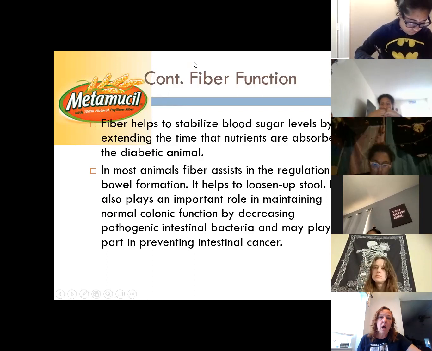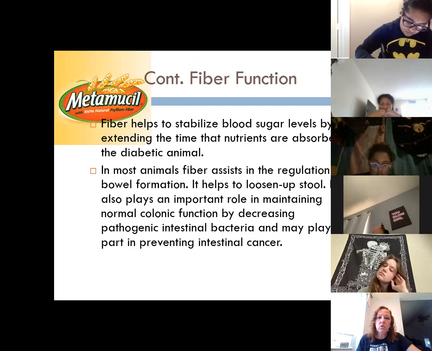Does it help with the breakdown or the increase of sugar in the body? It does. So here's what we're looking at. I have a diabetic animal. Now, there are multiple types of diabetes.